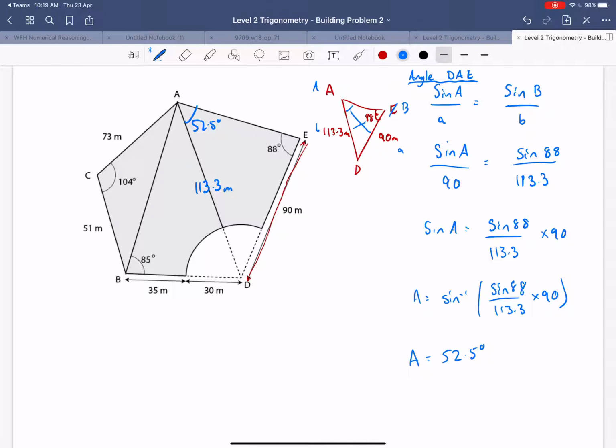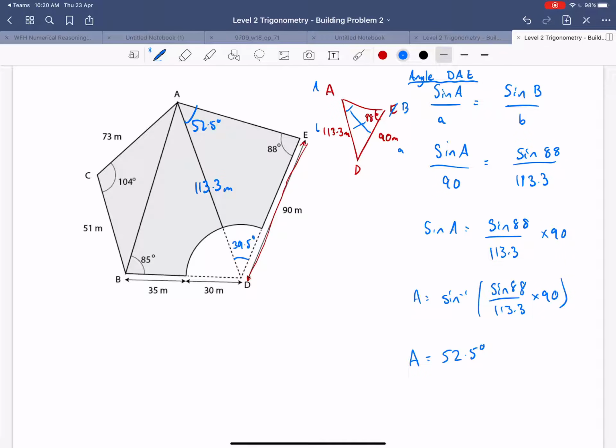I can now use that angle that I've just calculated to find the angle at the bottom here, which is going to be 180 minus the two other angles. So 180 minus 88 minus 52.5 is 39.5 degrees.